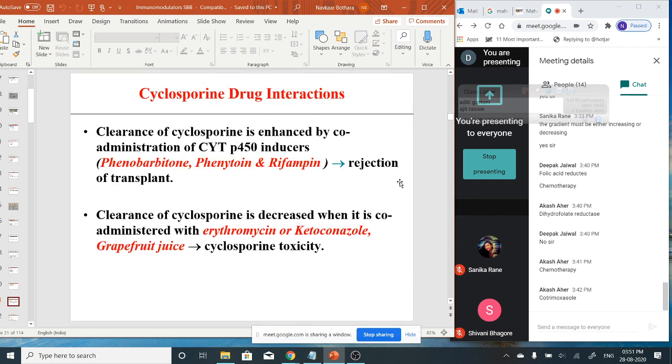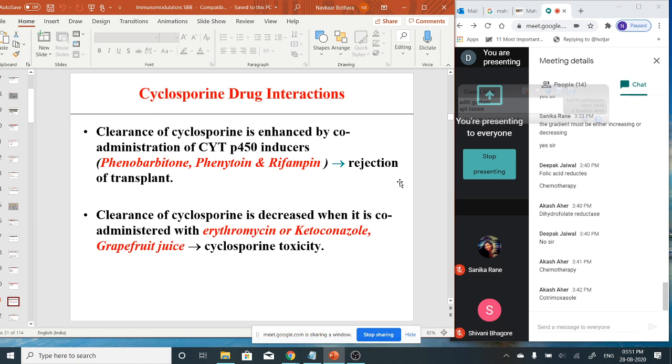Then interaction: the clearance is enhanced by co-administration of enzyme inducers like phenobarbital, phenytoin, rifampin, and because of that, if the enzymes are induced, that means metabolism increases. Because of increase in the metabolism, the plasma concentration decreases.